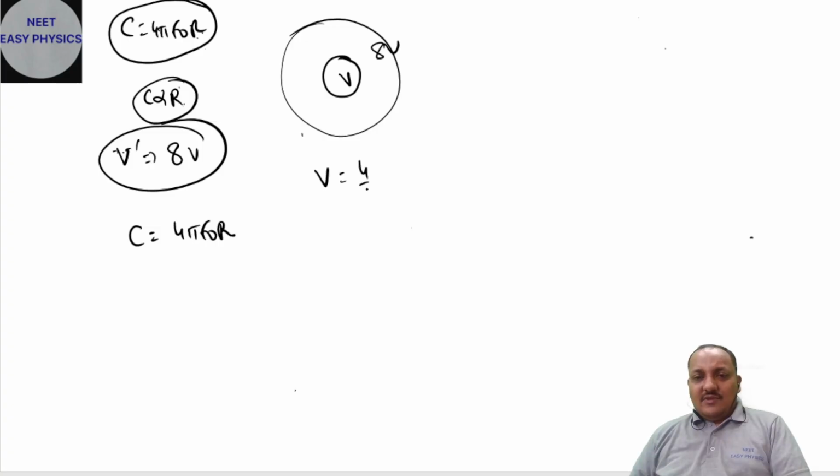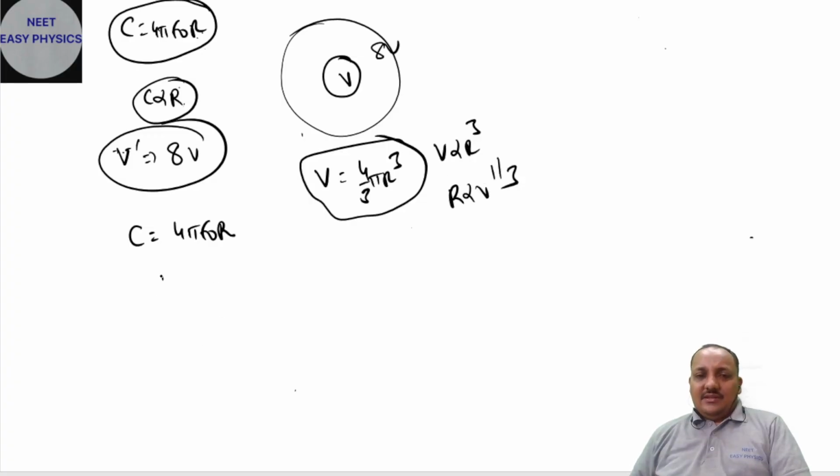What is the volume formula? 4/3 pi R cube. Now V is directly proportional to R cube. R is directly proportional to V power 1 by 3. Therefore, capacitance is directly proportional to R, directly proportional to V power 1 by 3.